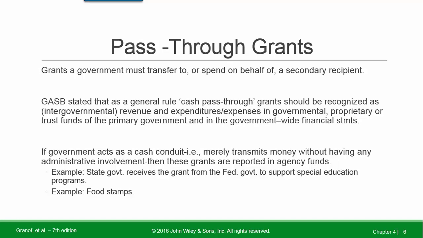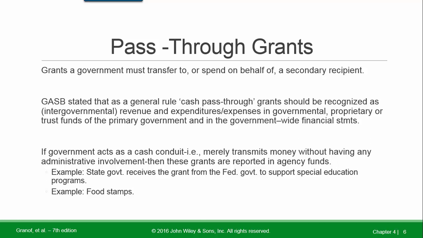Pass-through grants. Grants a government must transfer to or spend on behalf of a secondary recipient. GASB stated that as a general rule, cash pass-through grants should be recognized as intergovernmental revenue and expenditures or expenses, depending on the fund, in governmental, proprietary, or trust funds of the primary government and in government-wide financial statements.